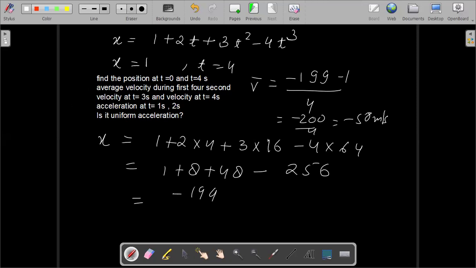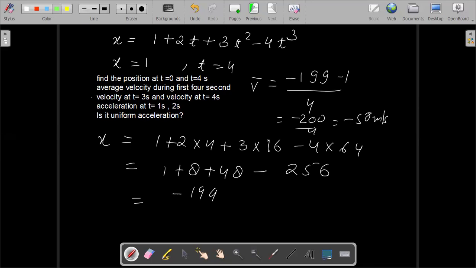Okay, we'll meet again in the next class. Bye, Ishant. Sir, can you tell me the acceleration at t equals 1 and 2 seconds? I'm just writing you the expression for velocity.